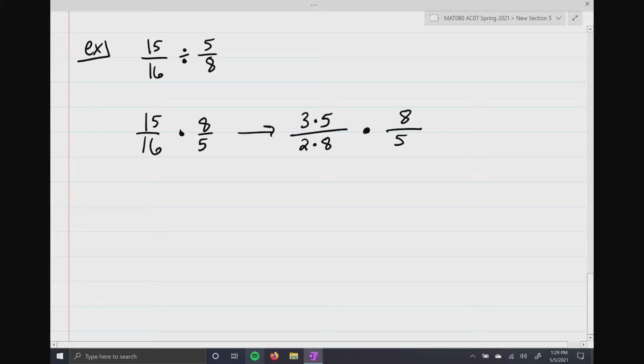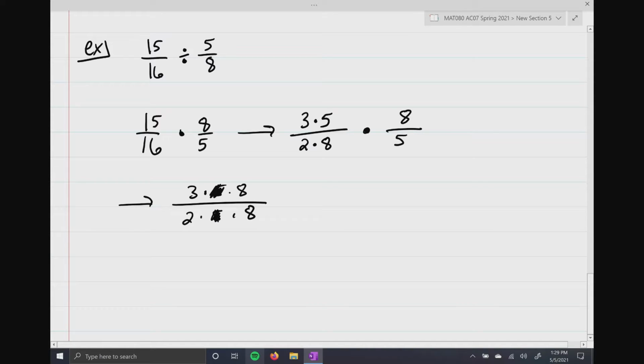And the only thing I'm going to do before I start simplifying everything is I'm just going to write one big numerator with all the numbers in order being multiplied. And I'll do the same in the denominator as well. From here, I can go ahead and reduce. All right? I see a 5 in the numerator, 5 in the denominator. So they reduce.